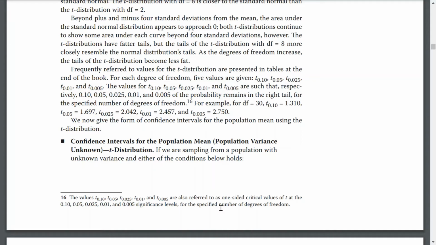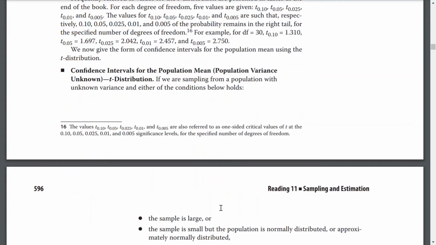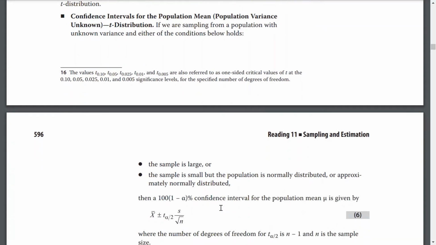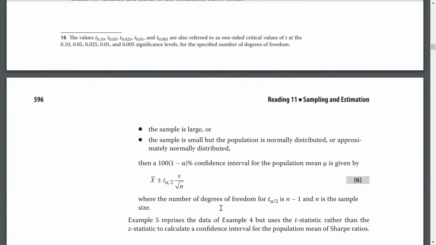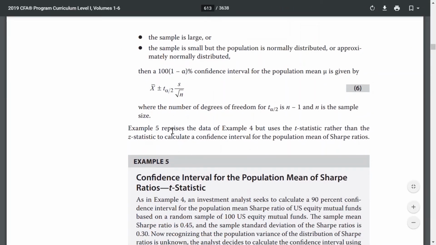If we are sampling from a population with unknown variance and either the sample size is large, or the sample is small but the population is normally or approximately normally distributed, then a 100 times 1 minus alpha percent confidence interval for the population mean mu is given by this formula, where the number of degrees of freedom is n minus 1.